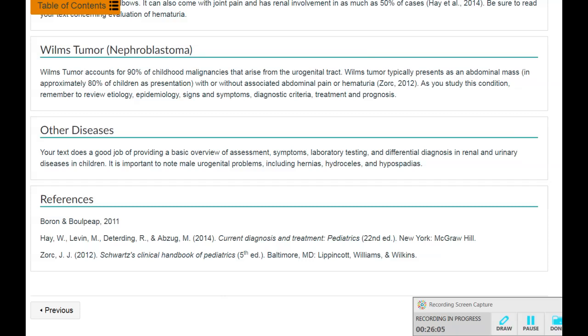Wilms tumor typically presents as an abdominal mass. Approximately 80% of children present this way, with or without associated abdominal pain or hematuria. As you study this condition, remember to review etiology, epidemiology, signs and symptoms, diagnostic criteria, treatment, and prognosis.